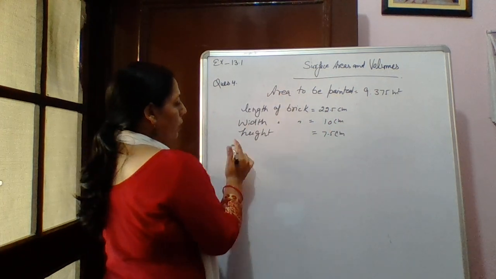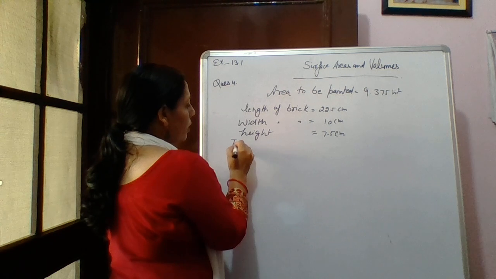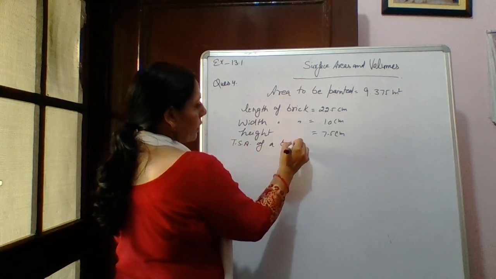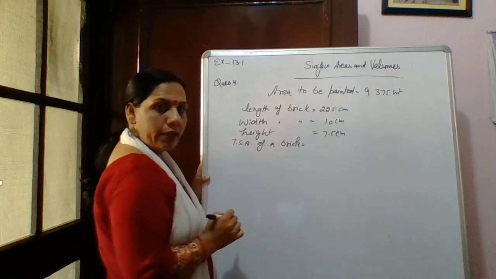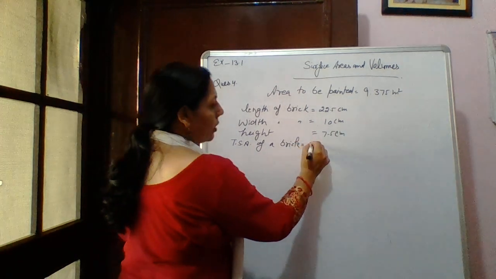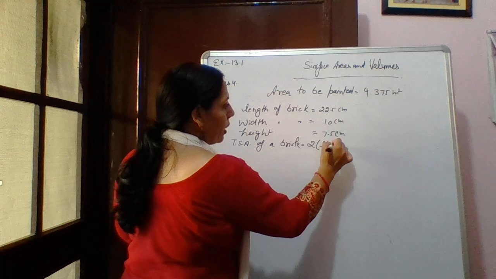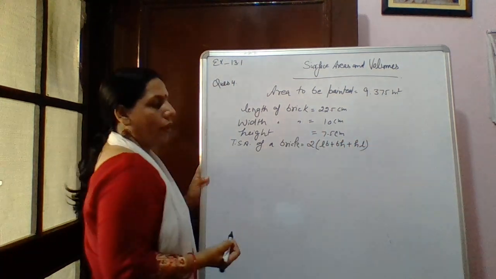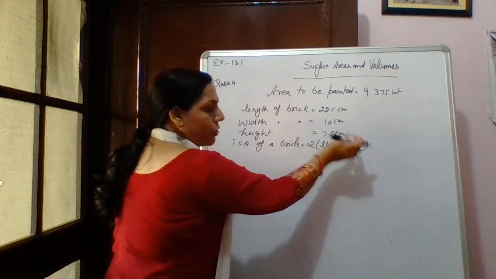So first of all find out total surface area of a brick, and the formula for finding the total surface area, that is 2 into LB plus BH plus HL.